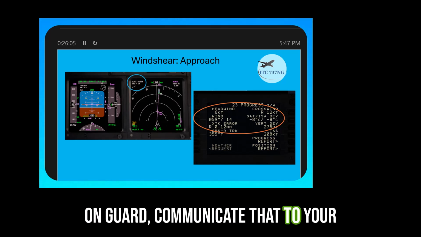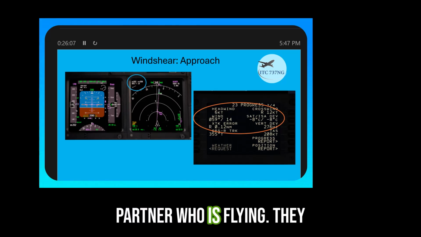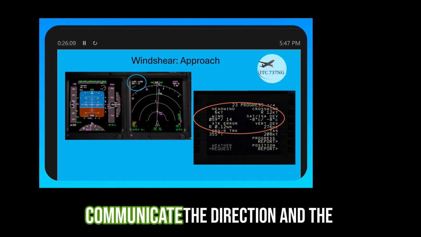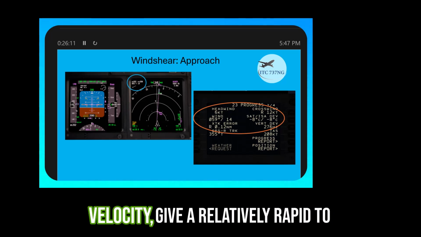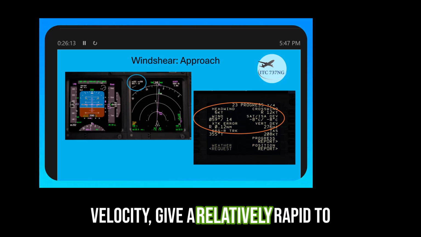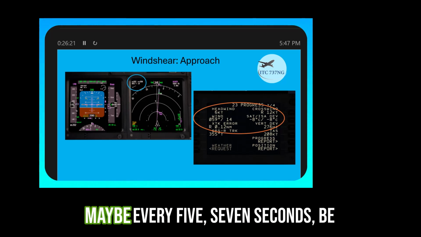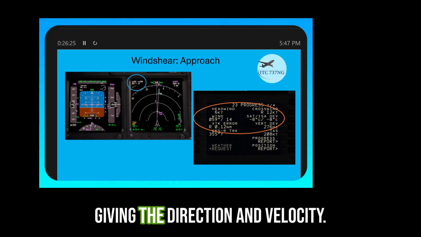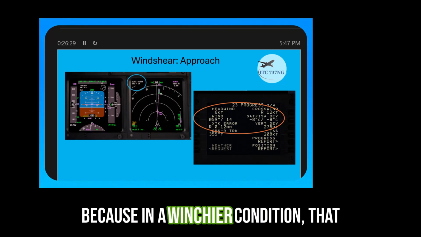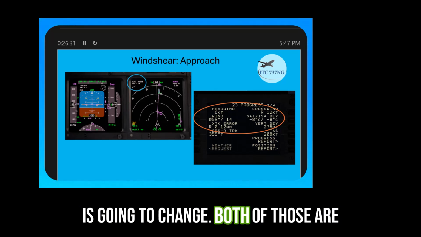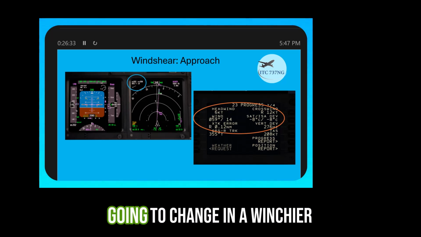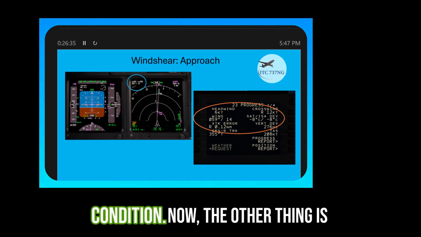Communicate that to your partner who's flying. Communicate the direction and the velocity. Give a relatively rapid response to that. I'd say, for instance, maybe every 5-7 seconds, be giving the direction and velocity, because in a wind shear condition, both of those are going to change.